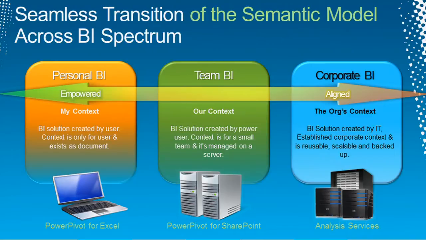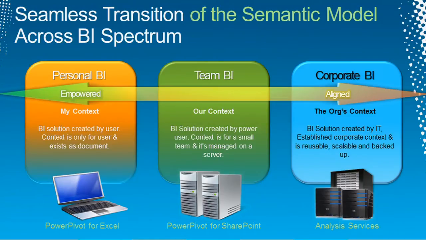This is just the spectrum of BI, and now I'm thinking particularly of the semantic model, the tabular project type, where you take one model, you can start in Power Pivot. It's the shared code base between what we have in Power Pivot and what you'll be seeing in the BI Development Studio, meaning you can have an Excel user start a model or a project in Excel.